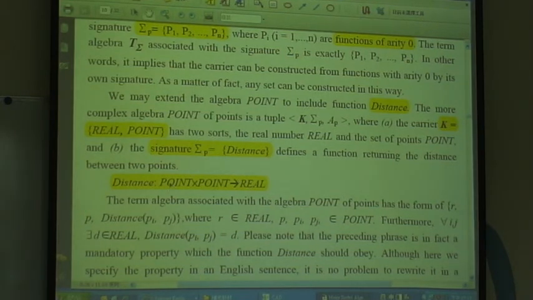That means, okay, for this function, we need two arguments, two input. And the first one is kind of a point. Another one is also another point. That means if you give me 2 points and I will output a real number for you, and it's distance. In action, you can give them a definition of the distance, how to calculate.